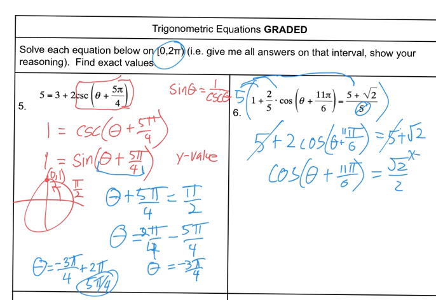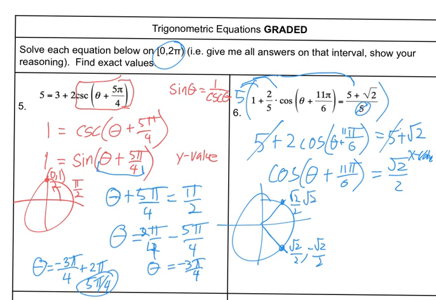That's an x value for cosine. And root 2 over 2 is going to happen at these two positive angles. All right, so that's going to be pi over 4. And going around to here is going to be 7 pi over 4.